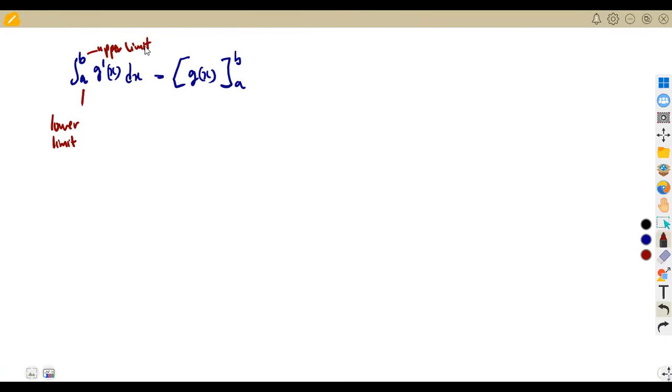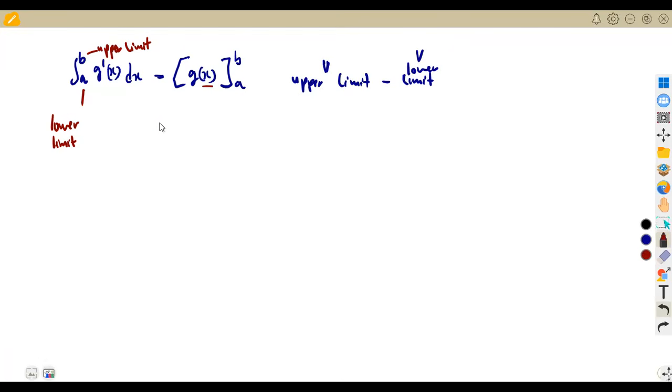So after you've integrated your g prime x, it gave you g of x, you are going now to substitute the limits. You're supposed to have it as the upper limit minus the lower limit.